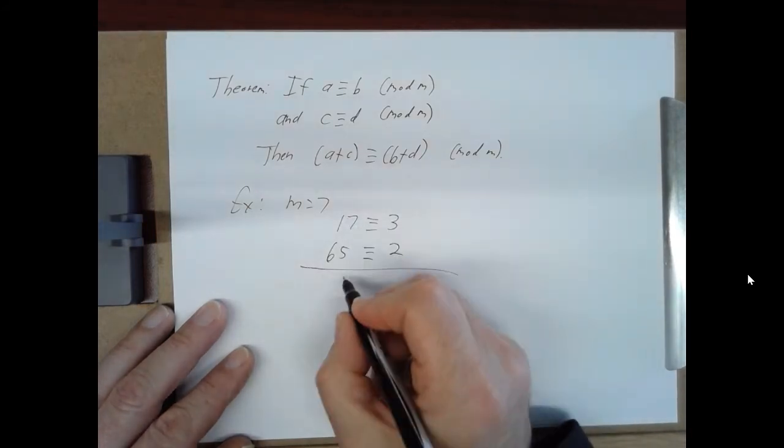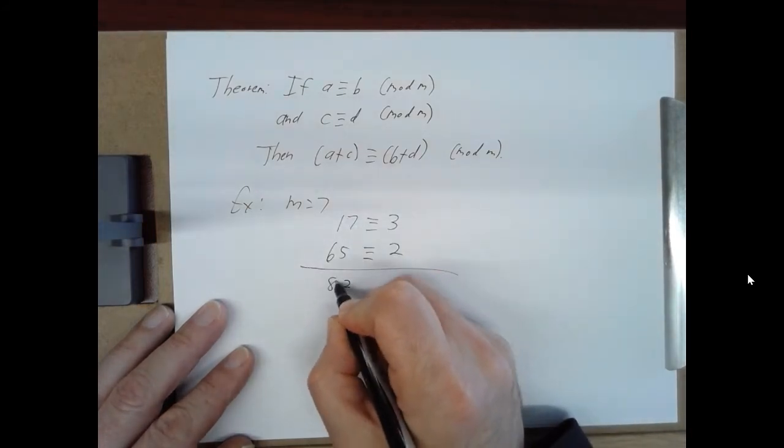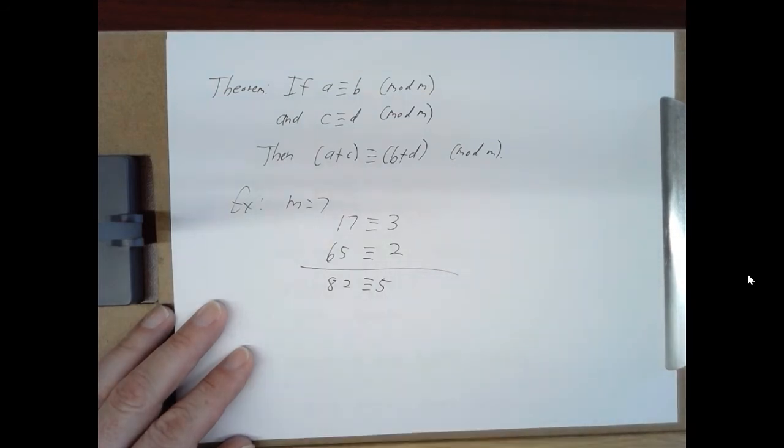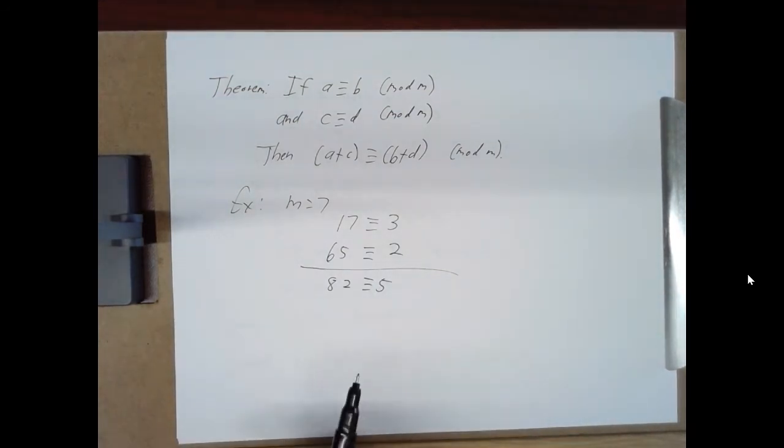So if we add these up, 82 should be congruent to 5. And what's 82 minus 5? 77, that's a multiple of 7. So in fact, 82 is congruent to 5. Now that's not a proof, but that's a demonstration of this theorem in one particular case.